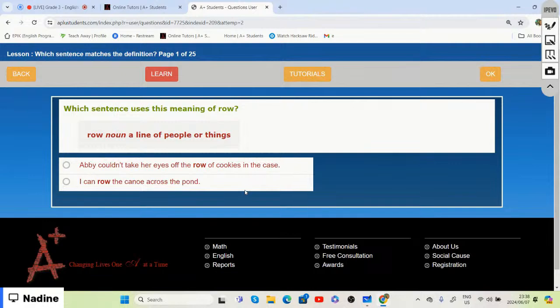So we now need to say which sentence uses the meaning of row.